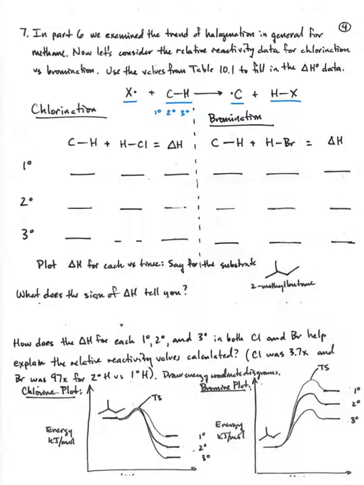So we go to our table and we find a primary CH bond, such as that found in ethane, plus 421. So these values will be the same in this column for both chlorination and bromination. A secondary CH bond will be 413. So this is the value for the CH bond in propane.